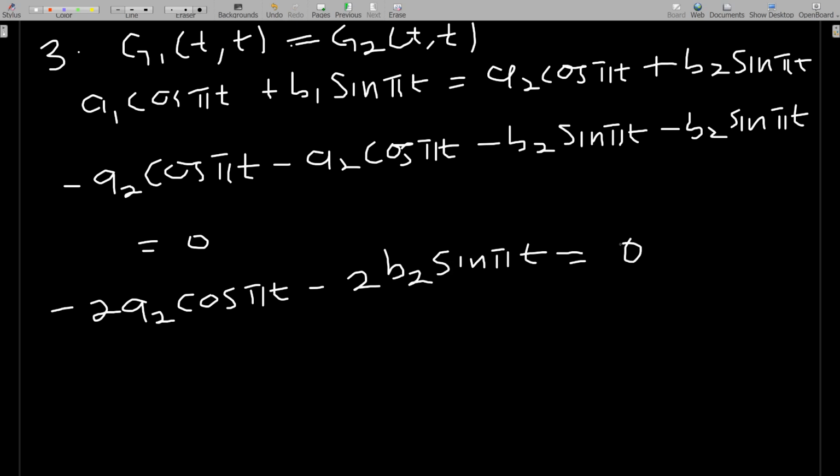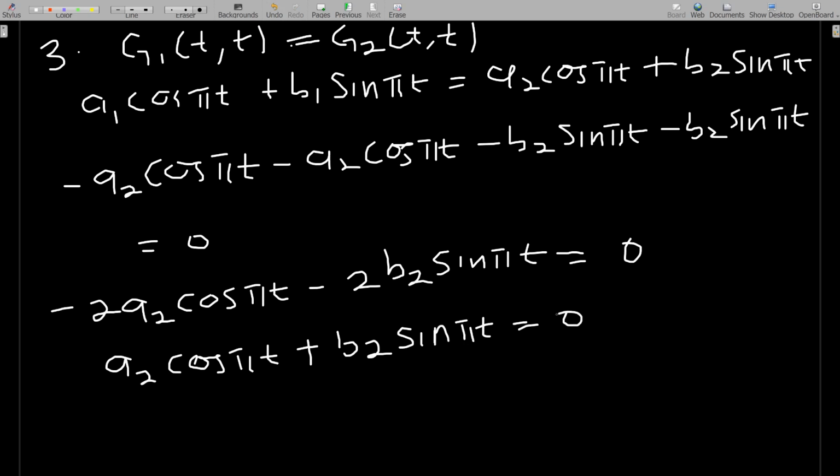So I divide through by negative 2, and I'll have something like a2 cos pi t plus b2 sine of pi t equals 0.